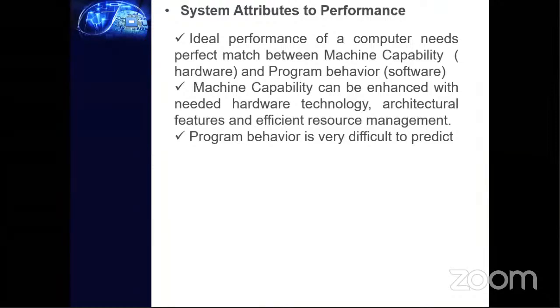By considering the hardware terminology, machine capability, you determine a result: this machine is faster. So from the hardware side, you easily predicted the performance of a parallel computer, but it is very difficult when you assess the performance from the software point of view, from the programming behavior point of view. Programming behavior is very difficult to predict.